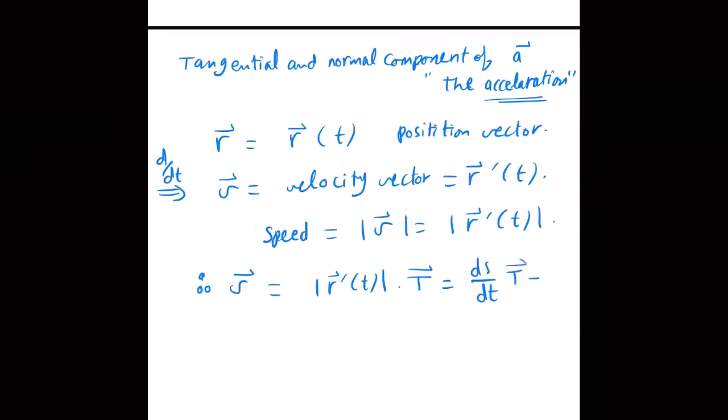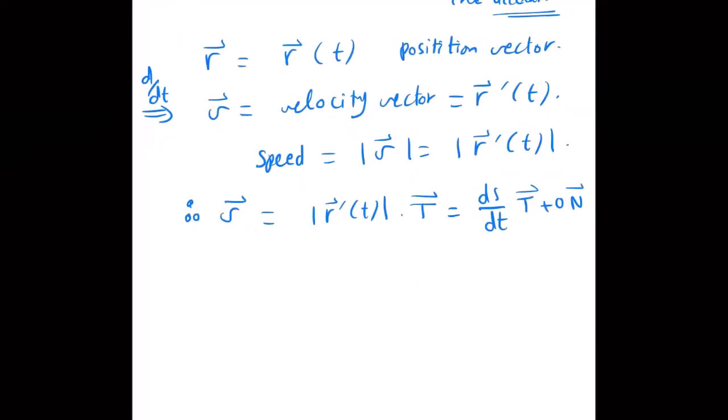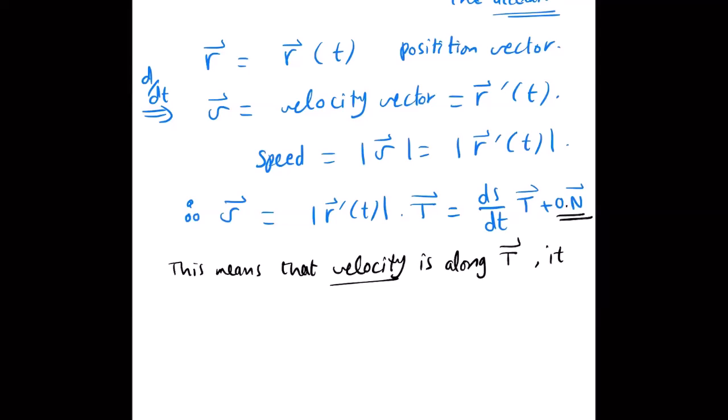So we can write here 0 in the direction of N. This means the velocity is all tangential, that is, along the tangent, with no component along N. All tangential.